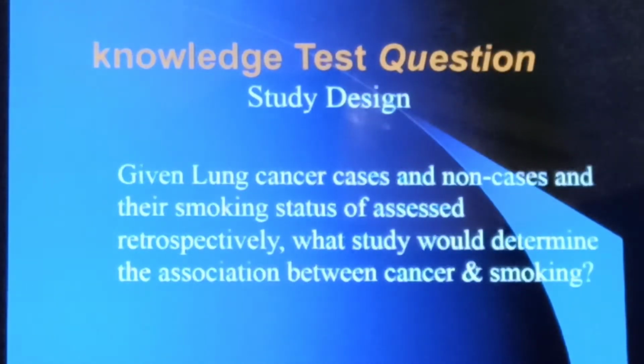So we have another question. Given lung cancer cases and non-cases and their smoking status assessed retrospectively from the case sheets or by interview, what study would determine the association between cancer and smoking?